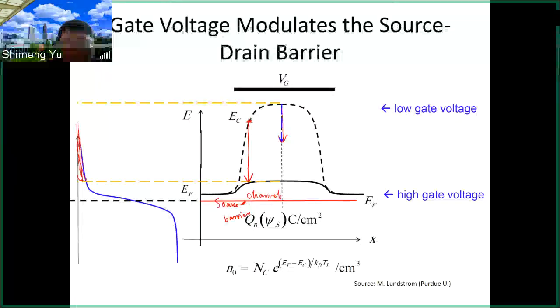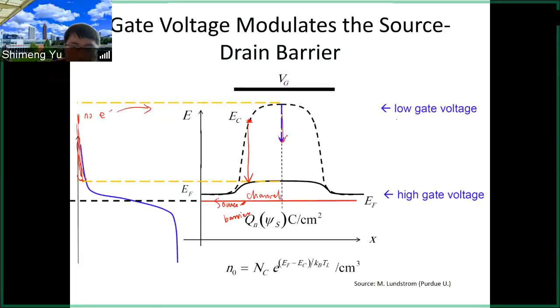If the barrier is high without applying gate voltage, then you almost have no electrons at this high energy level that can move over the barrier.